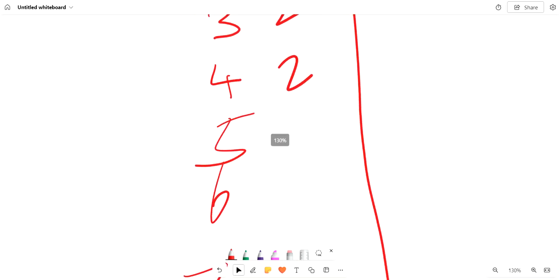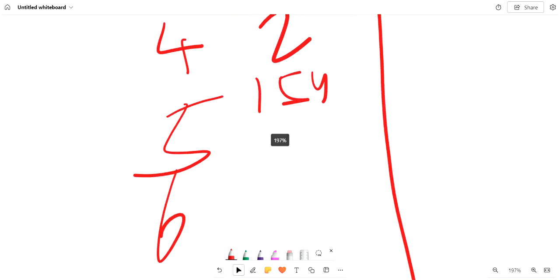And for 5, we can have 154 and then the other one, which is 451. When I'm referring to the other one, I mean when it's flipped over, because if one number is divisible by 11 and then you flip it over, they're always divisible by 11 as long as the number of digits is odd.